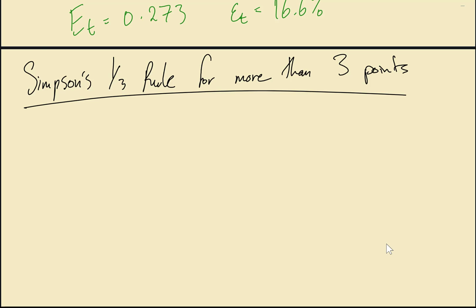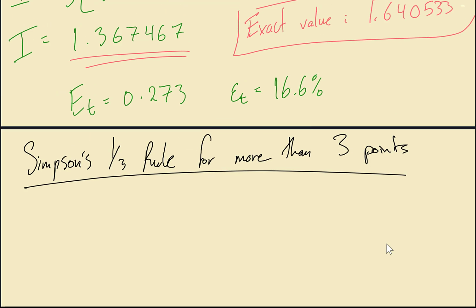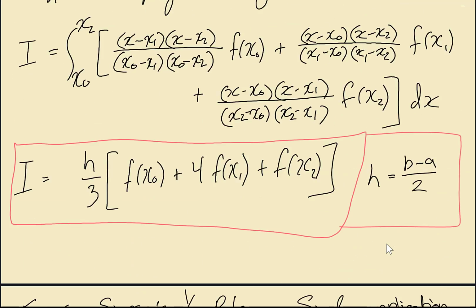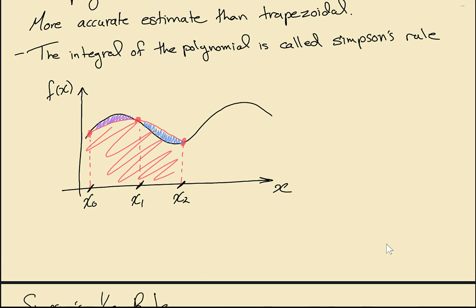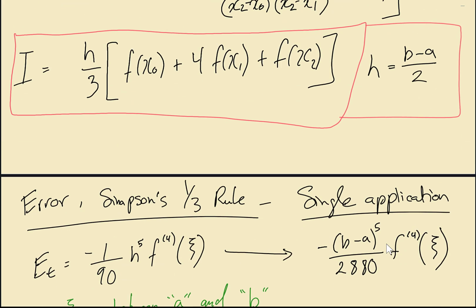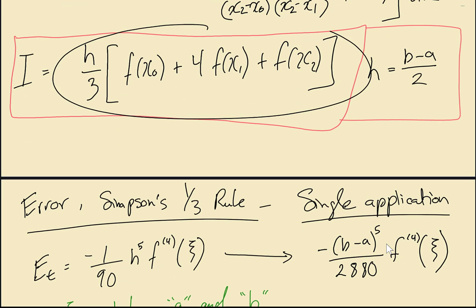How do you think that would look? If I have more than 3 points, how would Simpson's rule apply? It's the sum of multiple integrals, so we're basically adding this term multiple times.